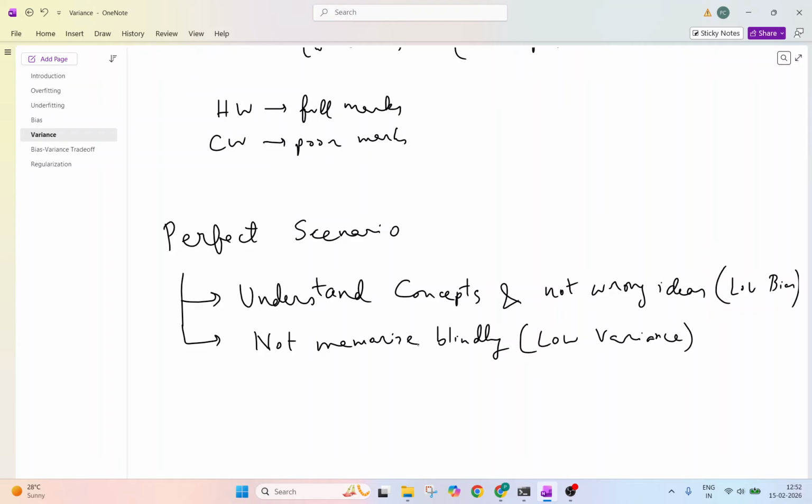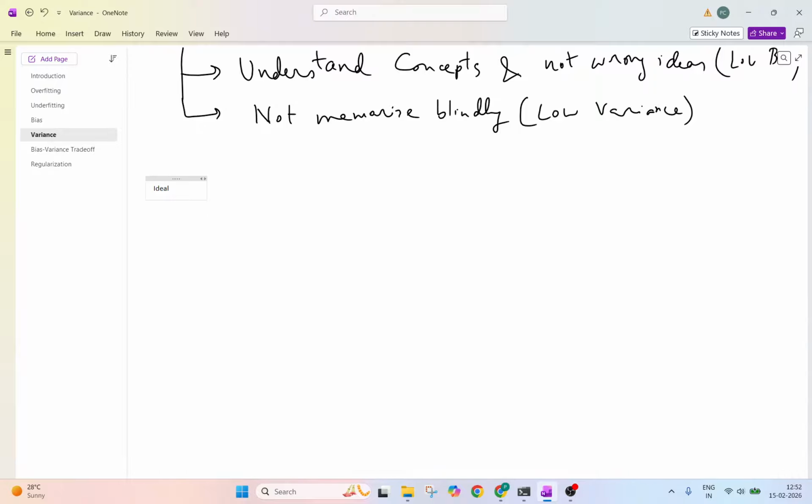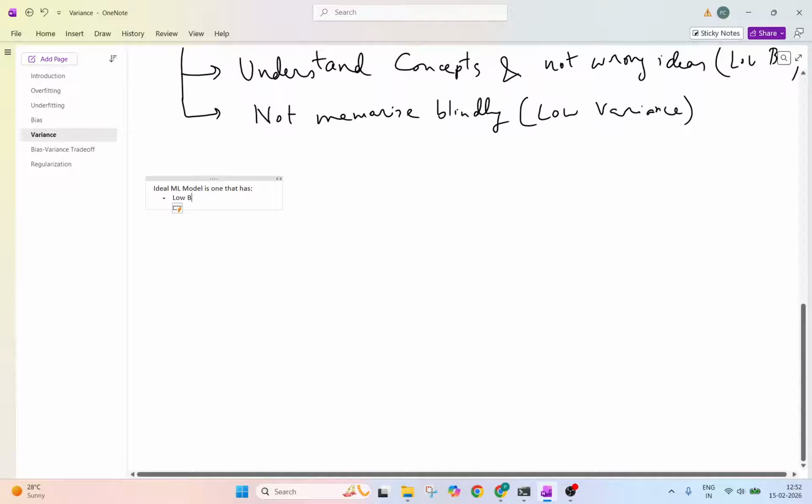Now, this is an ideal ML model. The ideal ML model is one that has low bias and low variance.